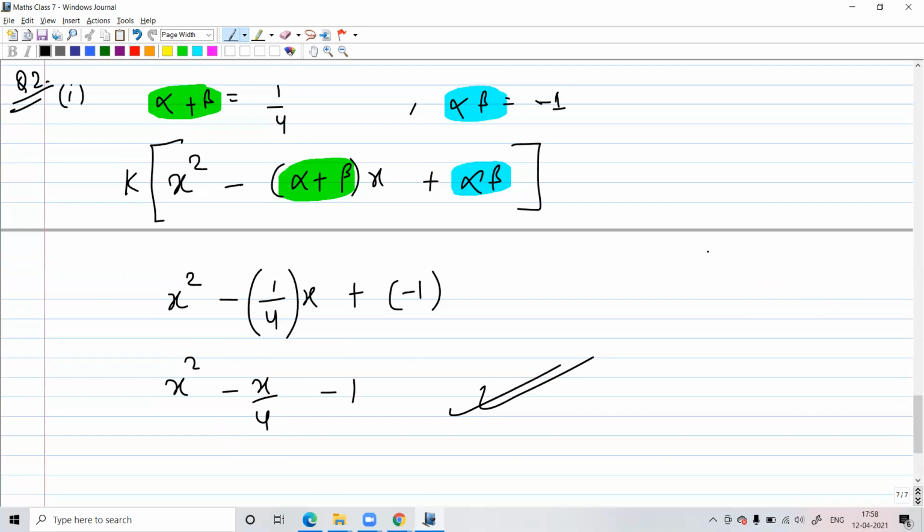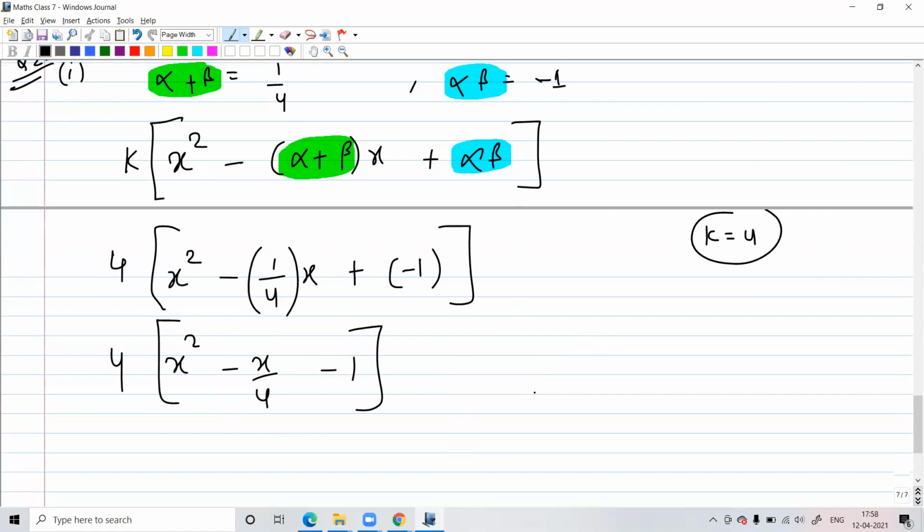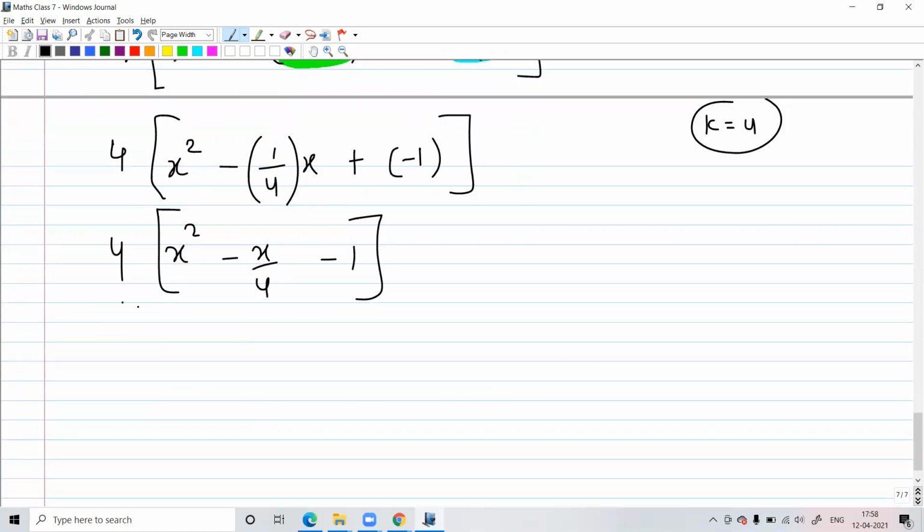If I had taken k equal to 4, then 4 will get multiplied to all these terms one by one. It will become 4x squared minus 4 into x by 4. The 4 and 4 get cancelled, and then 4 into -1 will be -4.